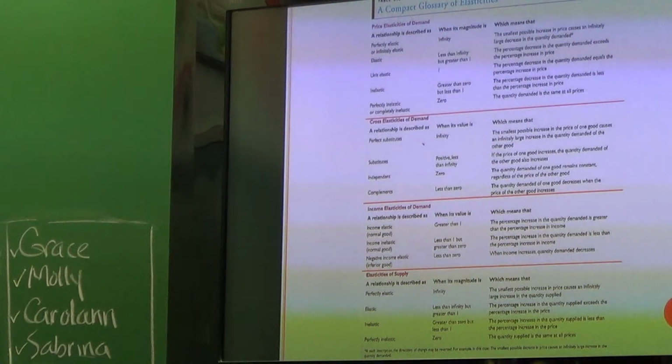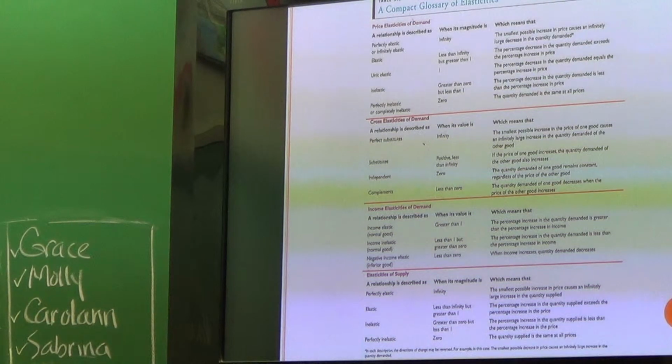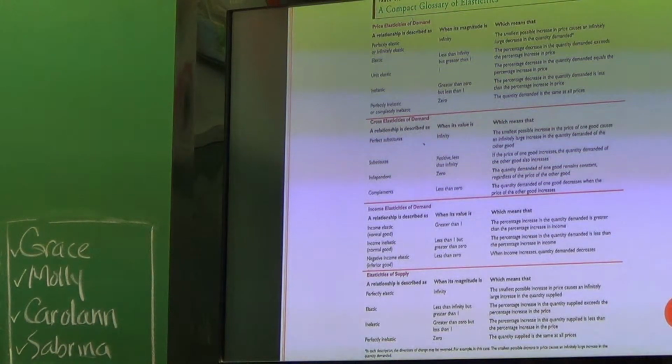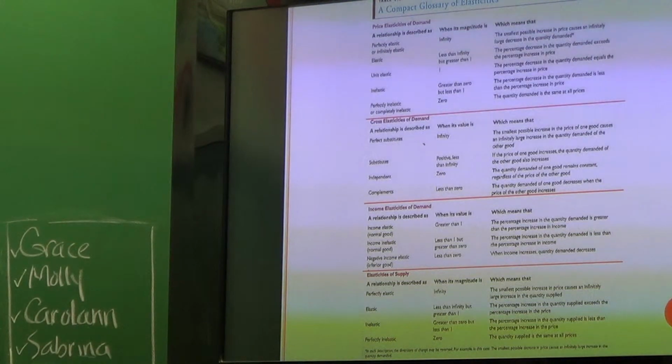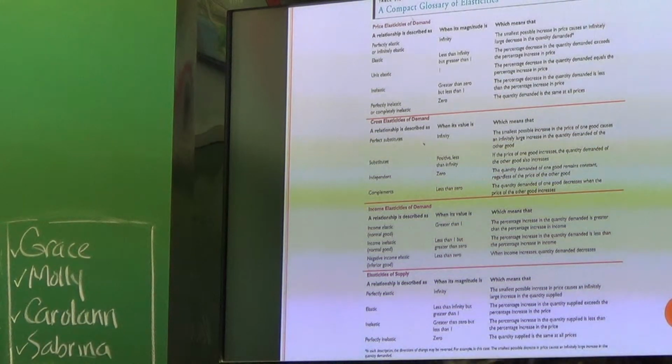In the chapter that I added to Edmodo, there's a really nice page at the end of the chapter online, with a breakdown of what each elasticity means.